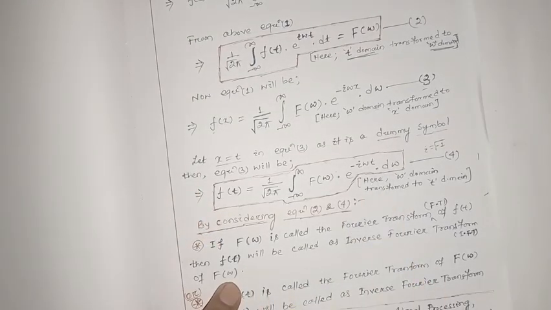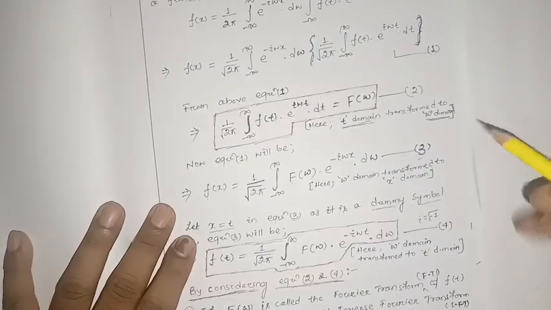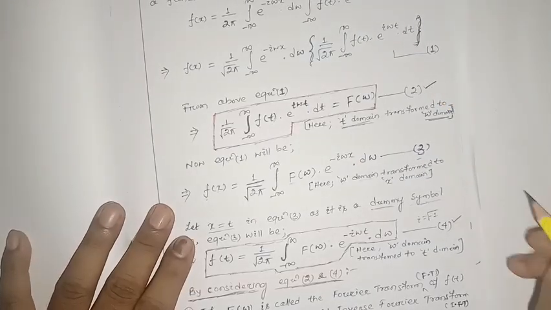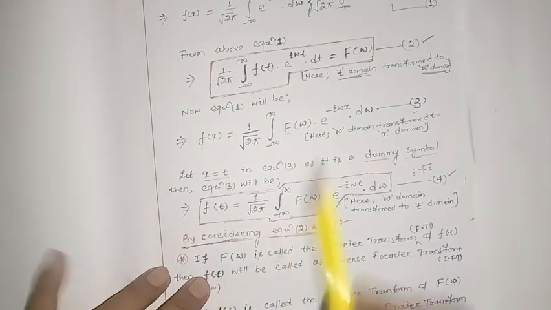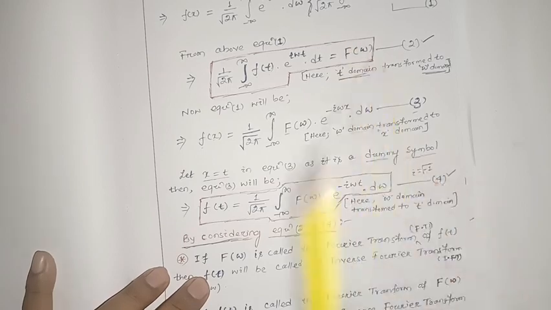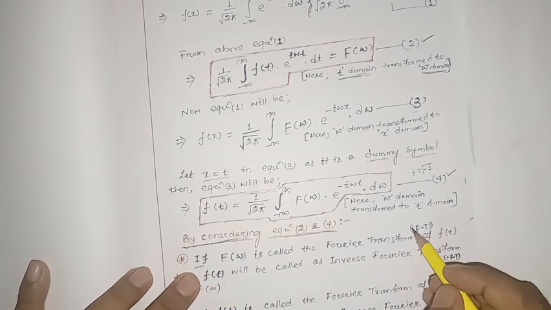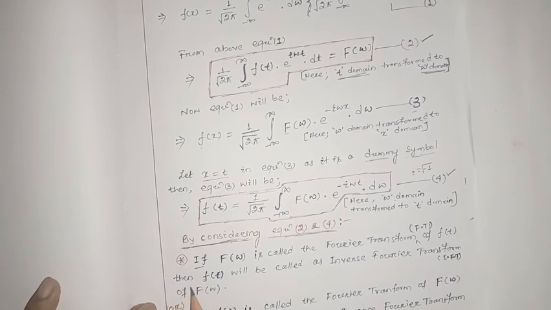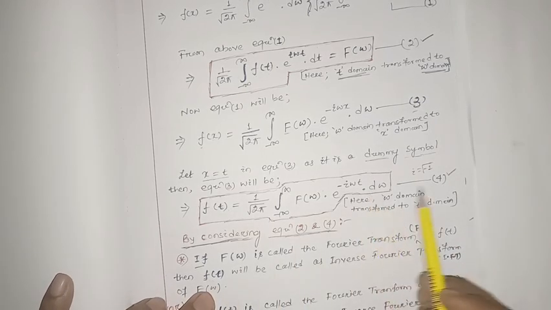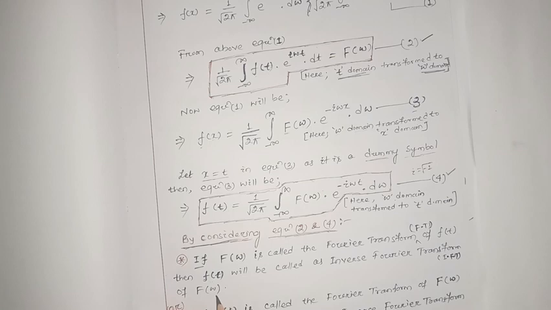Another thing you have to remember, most important, here I have written, by considering equation number 2 and equation number 4. Okay, by considering equation number 2 and 4, if capital F omega is called the Fourier transform, in short we can write F of small f of t, then small f of t, which is in equation number 4, will be called the inverse Fourier transform of capital F of omega.